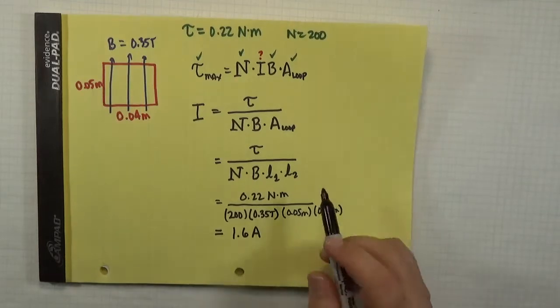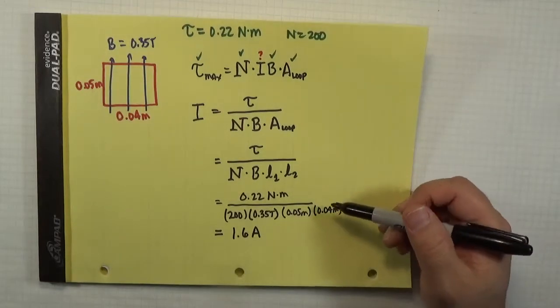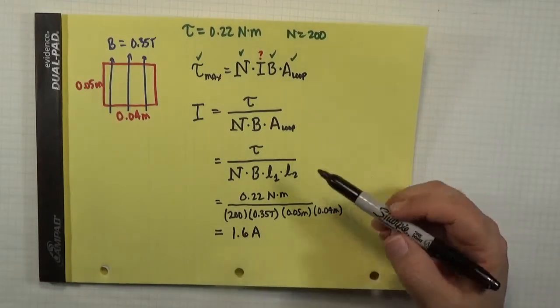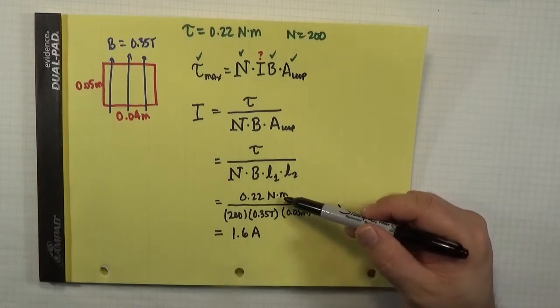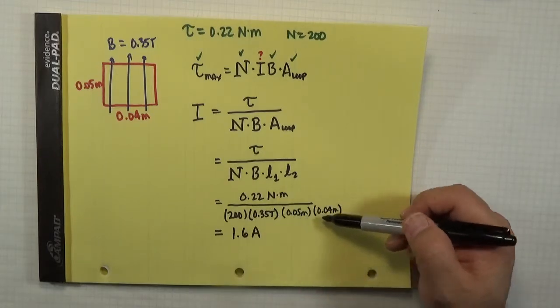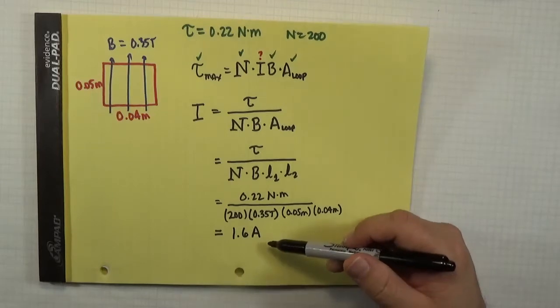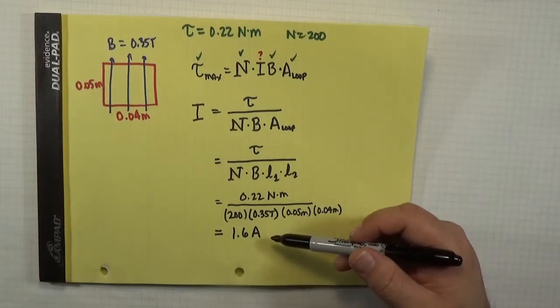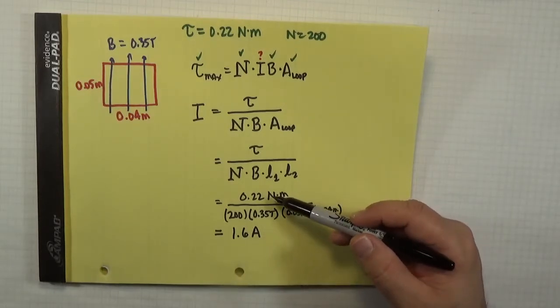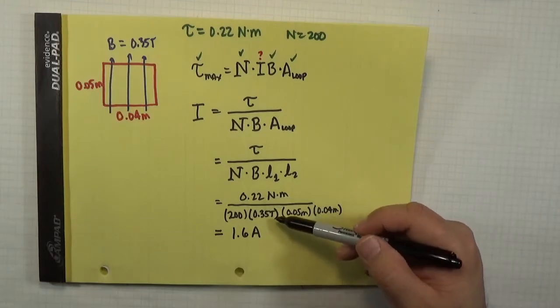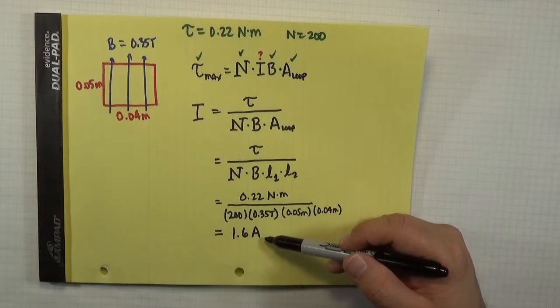Now, I'm playing fast and loose here by going directly from units that are newtons, meters, teslas, meters, directly to amps. You could go back and expand all the quantities that go into newtons, all the quantities that define and relate teslas, to ensure that you come out with amps.